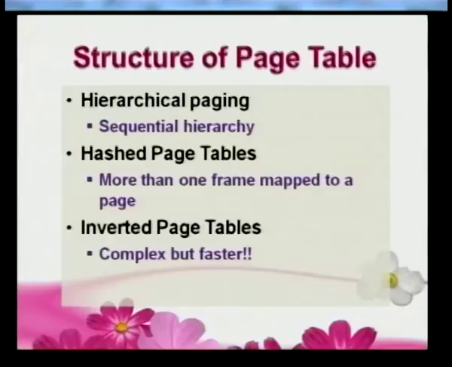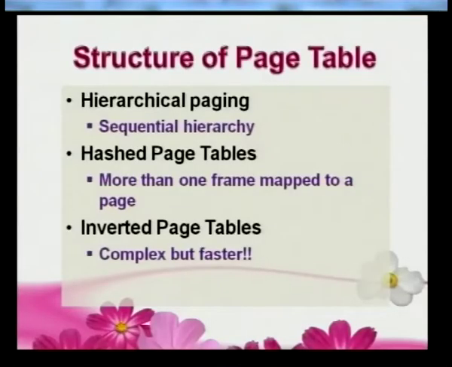Hashed page tables work under the concept of mapping more than one frame to a particular page. Hashing works under the concept of buckets. Every bucket consists of more than one frames, and every bucket is mapped to a single entry in the page table.